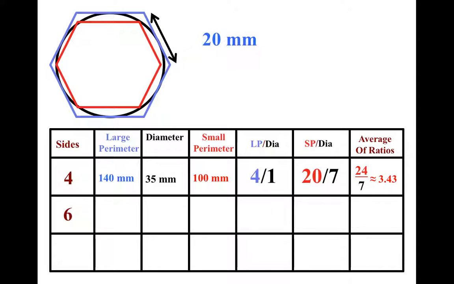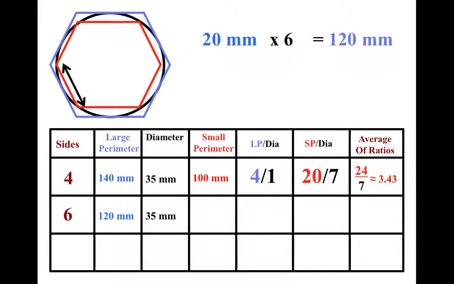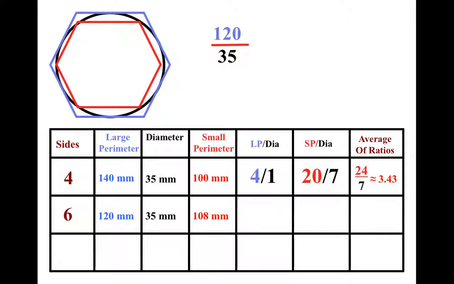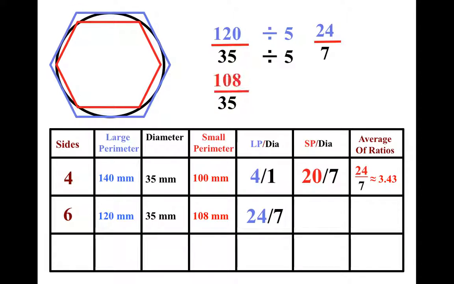Let's say the side is 20 millimeters. Multiply that by 6 because there's 6 sides, and that gets me 120 millimeters for the large perimeter. The diameter is still 35 because it's the exact same circle. And then when we measure the small one, it's 18 millimeters. Multiply it by 6, I get 108. So now we know that we are in between the large perimeter divided by the diameter, which is 24 over 7, and 108 over 35.